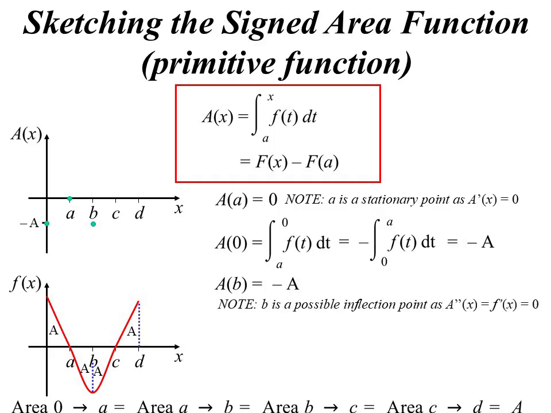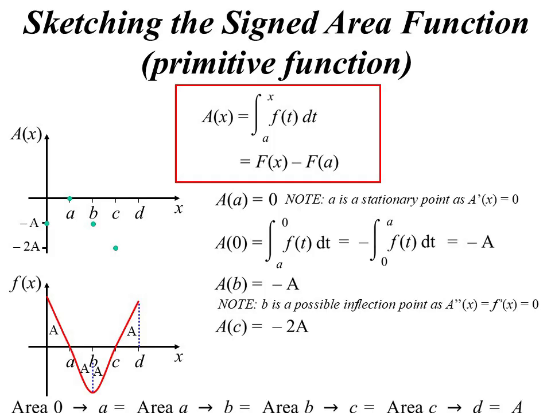B would actually be a possible inflection point. Because again, have a look at it. Its second derivative must be equal to 0, because if I look at its derivative graph at B, I have a stationary point. Therefore, the derivative of the first derivative is 0, i.e. the second derivative is equal to 0. We have a possible point of inflection there at B.